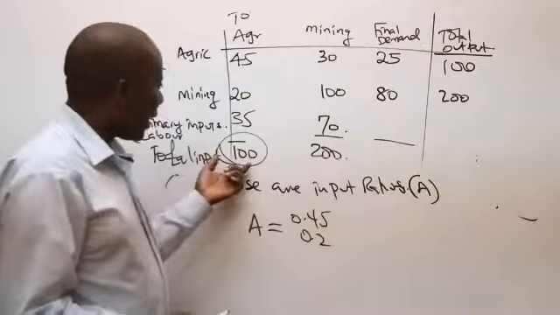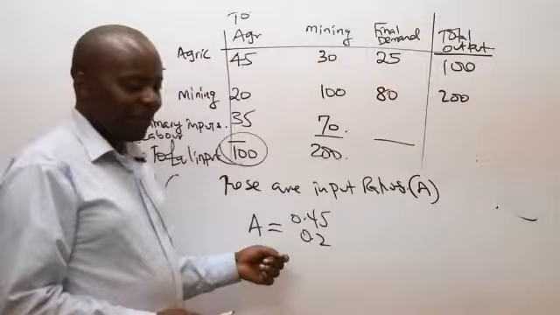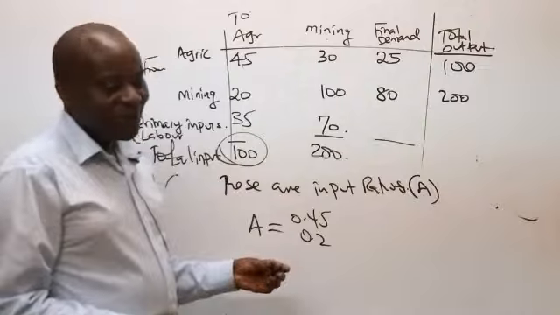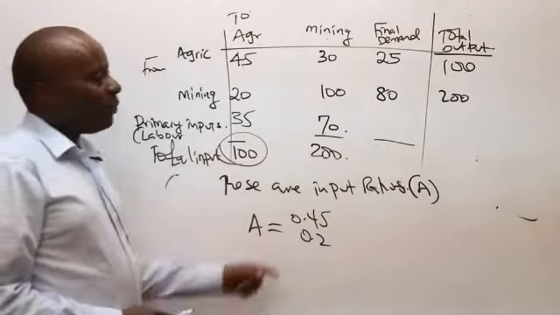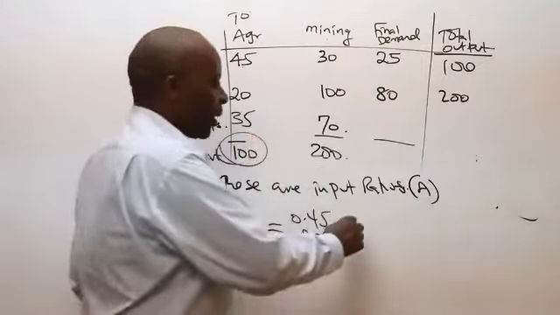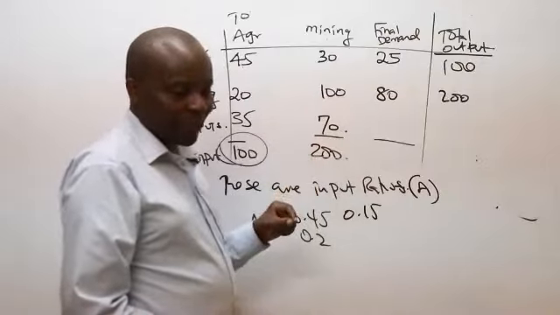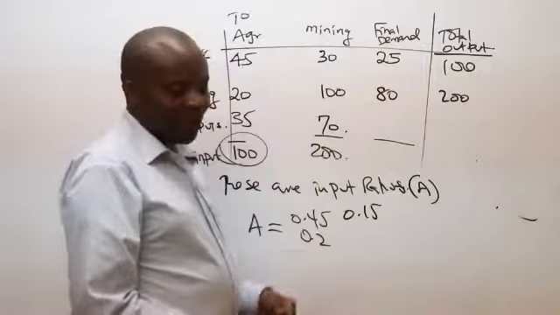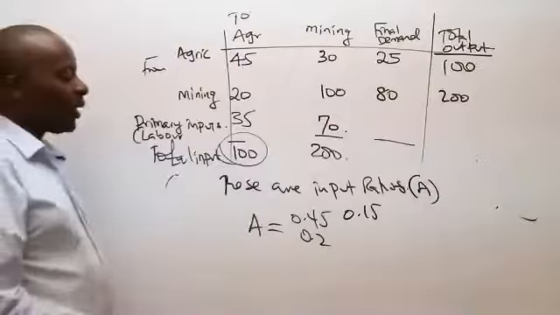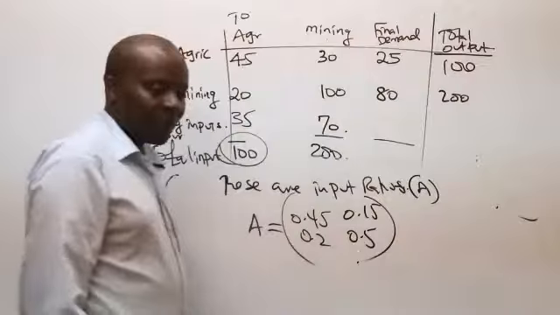The earlier one was 100, so we took 45 over 100. It will be 30 over the total input, which is 300, so 0.15. And then 100 divided by 200 is not 0.1. It becomes 0.5.